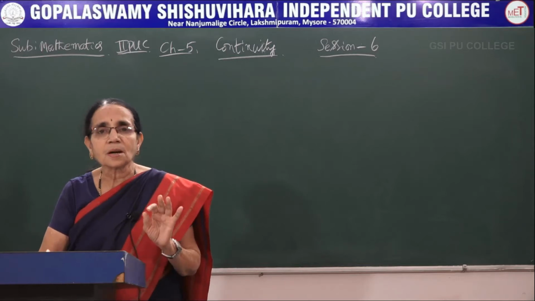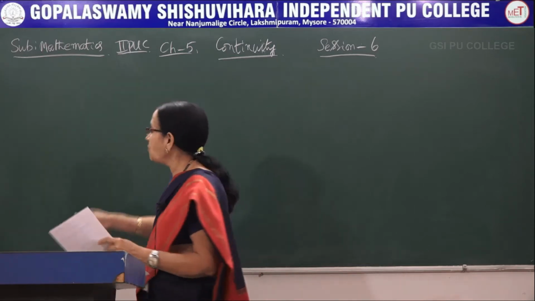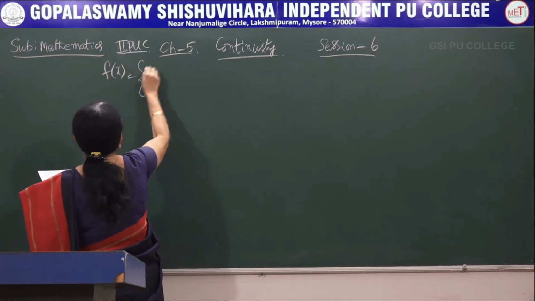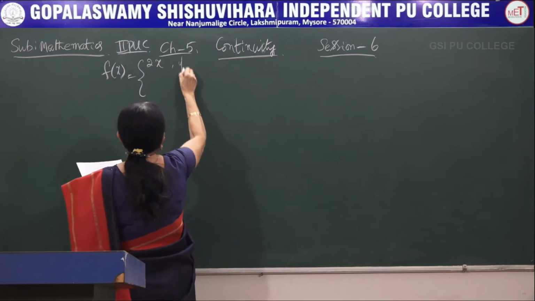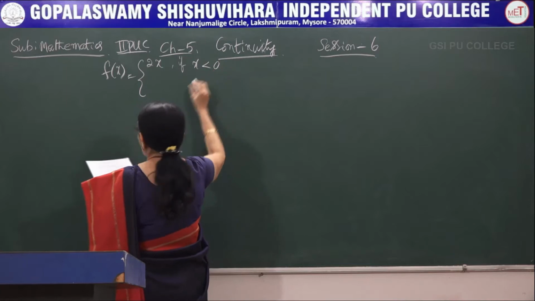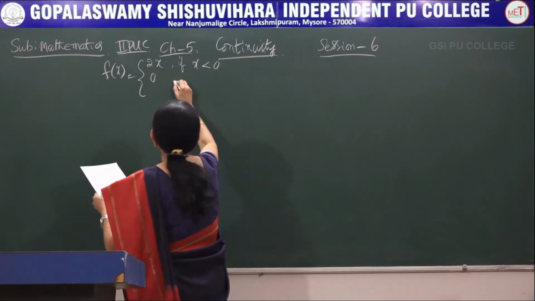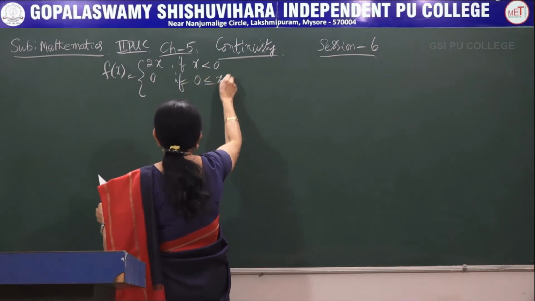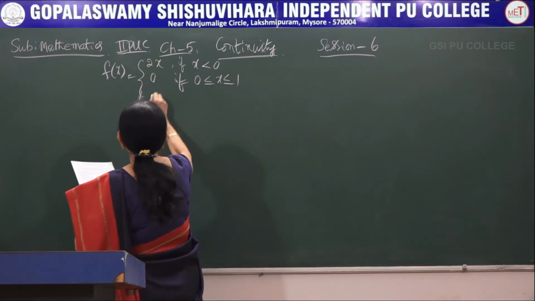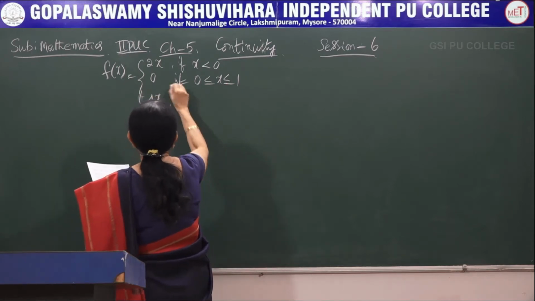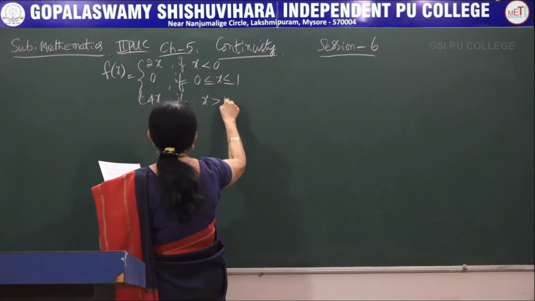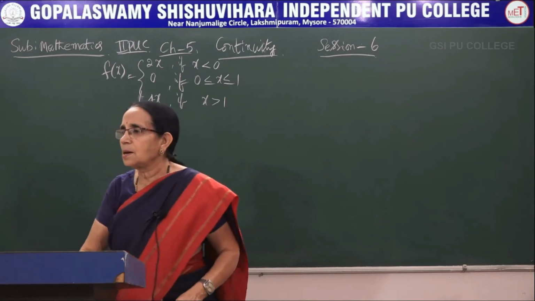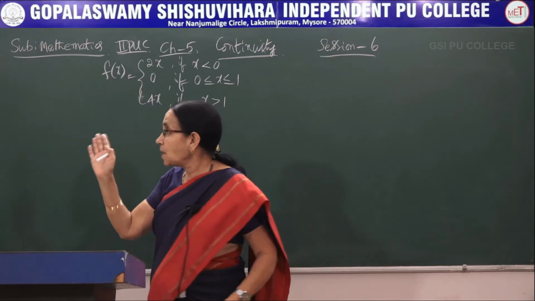That is, discuss the continuity of the function f defined by f of x is equal to 2x under the condition x is less than 0, it is equal to 0 if x is 0 less than or equal to x less than or equal to 1, and this is equal to 4x under the condition if x is greater than 1. Now, we have to discuss the continuity of this function defined in a particular way.